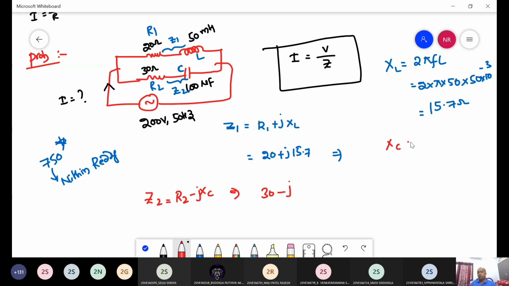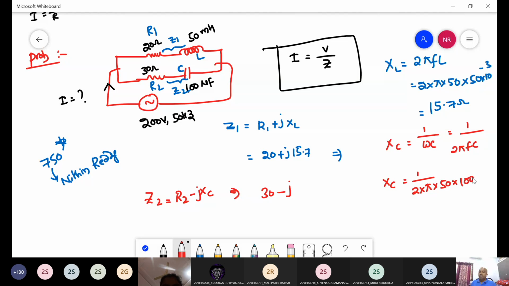What is XC? XC is 1 by omega C, that is 1 by 2 pi FC. That is XC is equal to 1 by 2 into pi into F, F is 50, C is 100 microfarads, 10 to the power minus 6. This is the XC value. Calculate it.